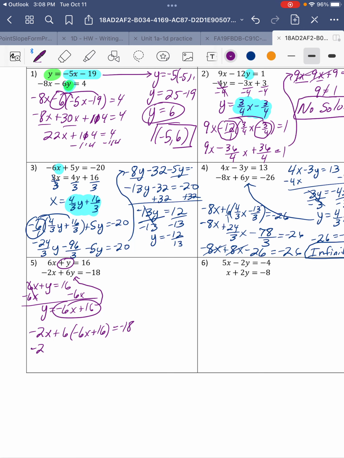Distribute. That is 96. Negative 2x minus 36x is negative 38x.